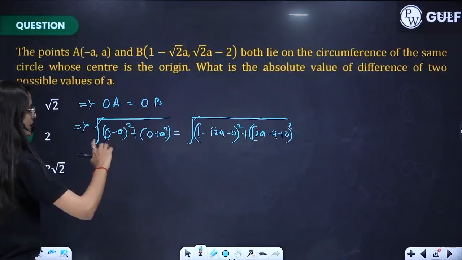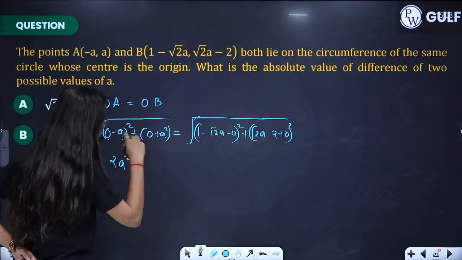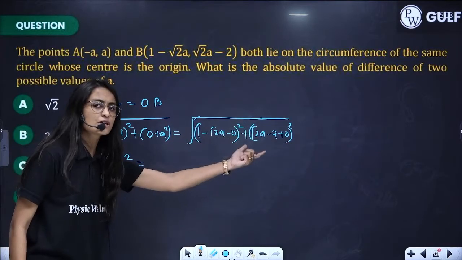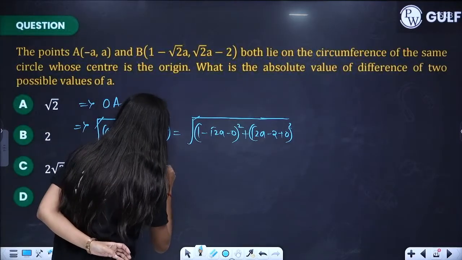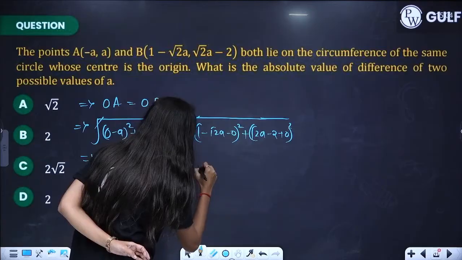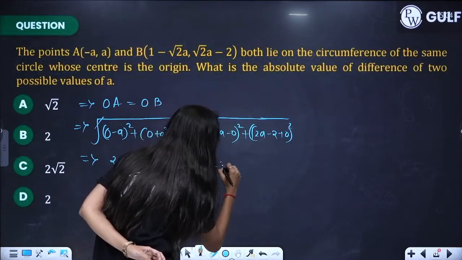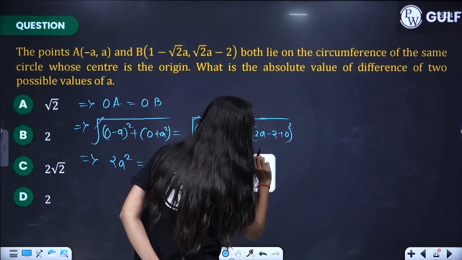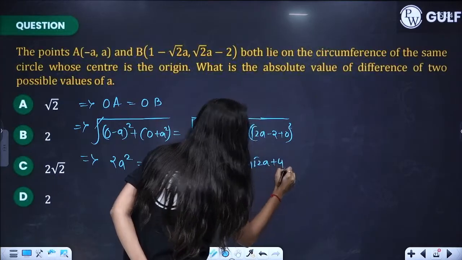Squaring on both the sides, so root will be removed. I'm getting 2A square is equal to, I'm straight away doing the whole square over here, because if you remove 0 over here, it's totally fine. You'll be getting 1 minus 2 root 2A plus 2A square plus 2A square minus 4 root 2A plus 4.